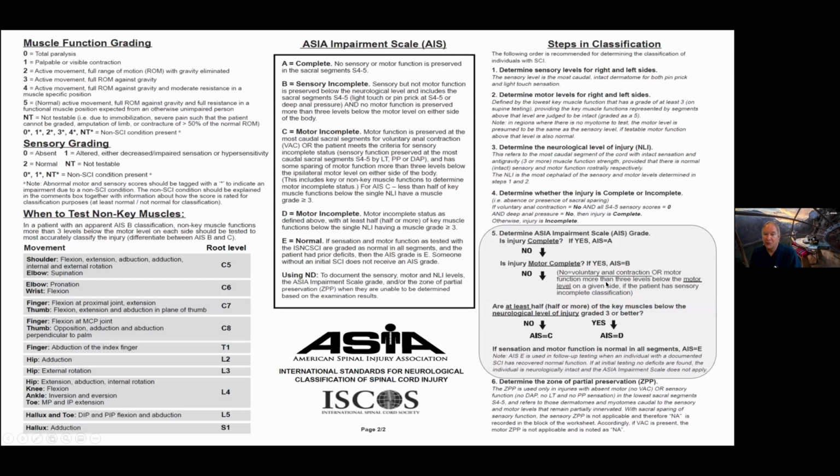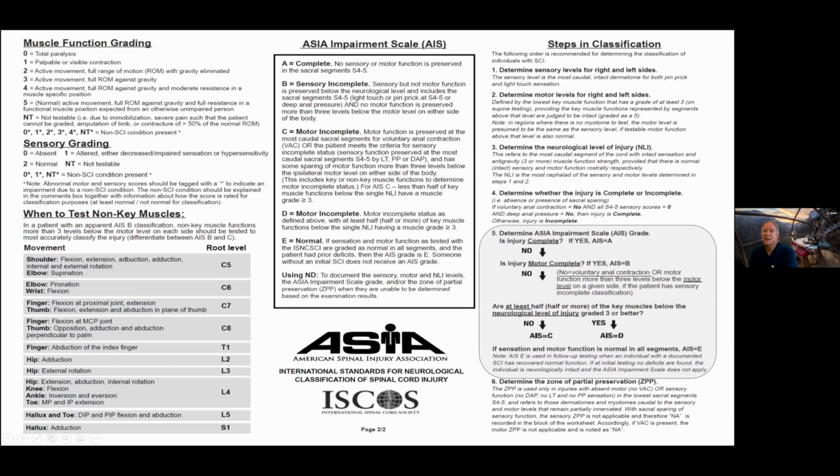So as we go through this to determine complete or incomplete, then we're going to make a determination about ASIA Impairment Scale A, which would be complete, or if it's not complete, is it an ASIA Impairment Scale B, C, D, or E? And we'll come down through those as we go through there. So basically B is you've got sensory incomplete, but no motor function preserved more than 3 levels below the motor level on either side of the body.